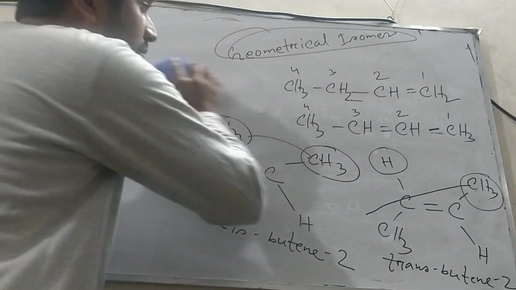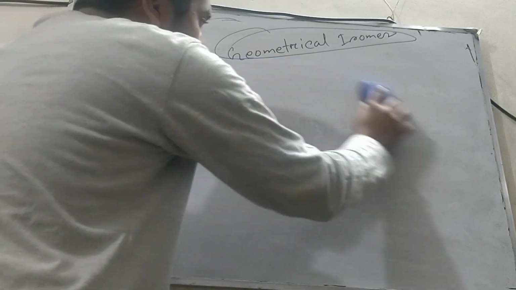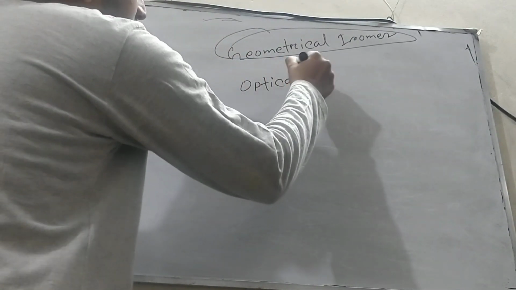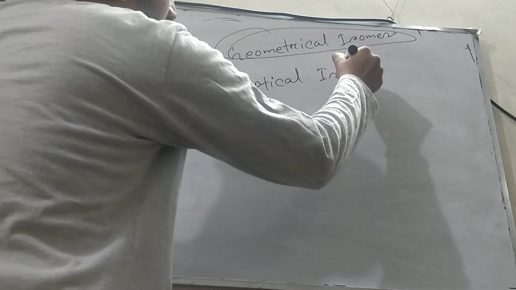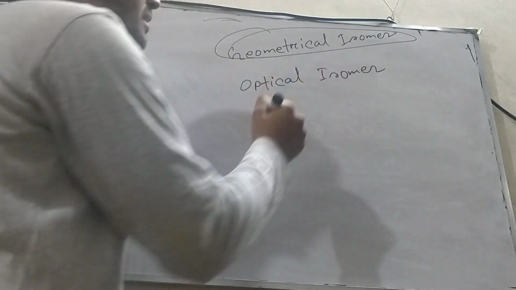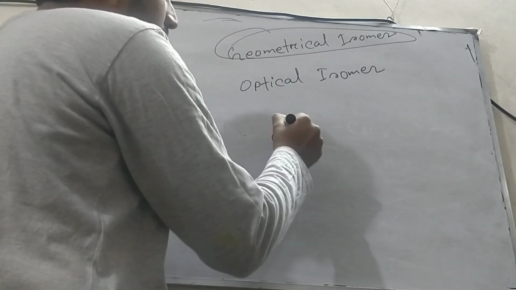Next one. Optical isomerism. Know that it's related to light. Optical isomerism is also dependent on carbon.